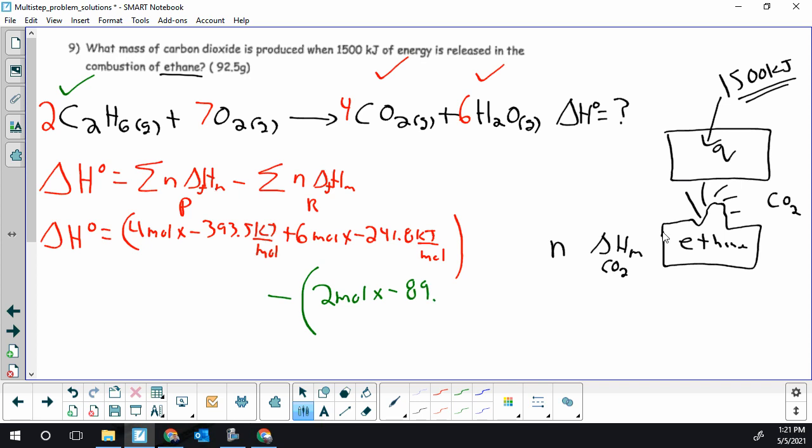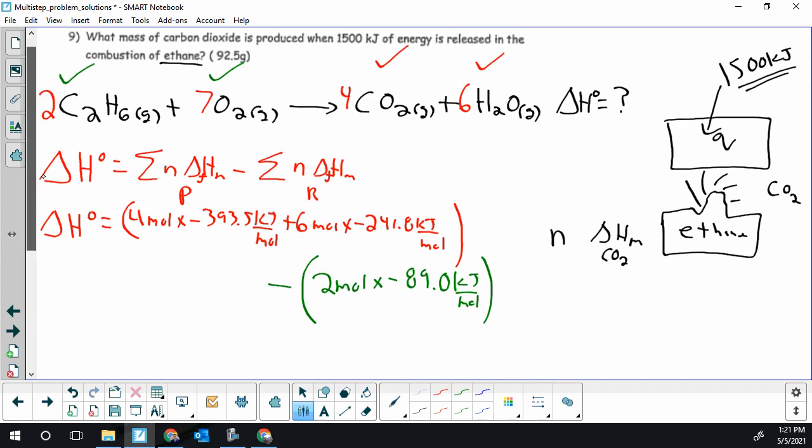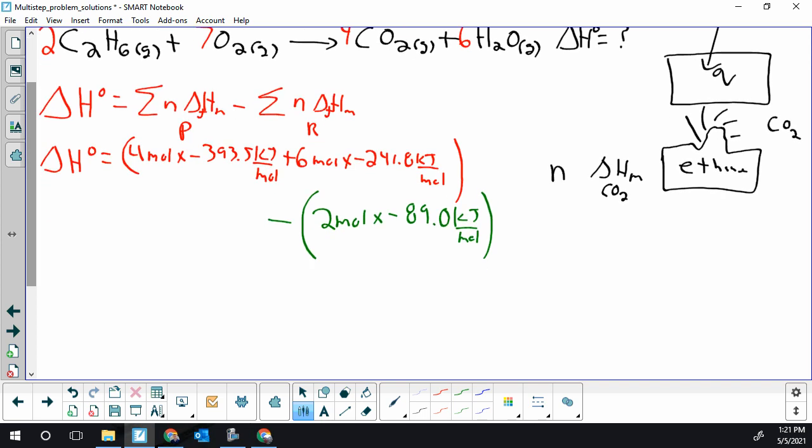Again, all these molar enthalpy values are looked up in your Chem 30 data booklet. Next, I'm on to an elemental form, so that's going to be 0. And sometimes you'll see solutions written where it's not even written out. So I'm going to do that just so you can see the plus 0 was totally omitted.